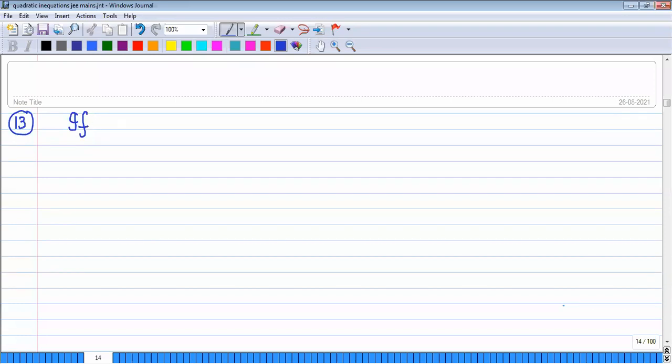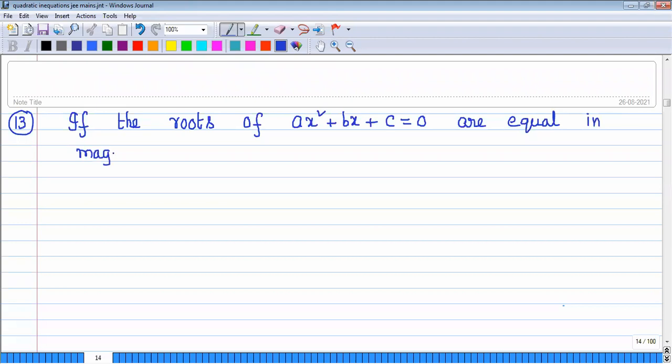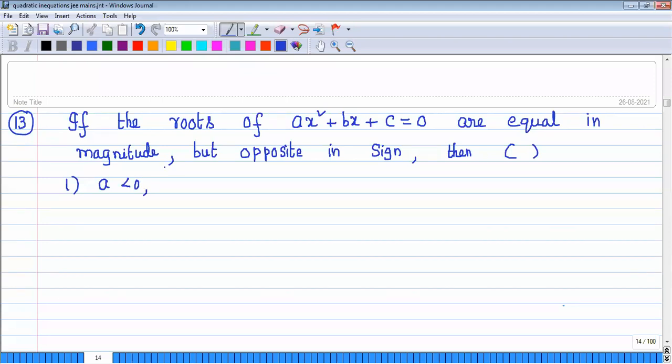If the roots of ax square plus bx plus c equals 0 are equal in magnitude but opposite in sign, then: first, A less than 0, C less than 0.